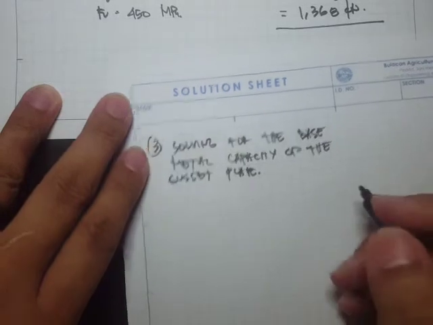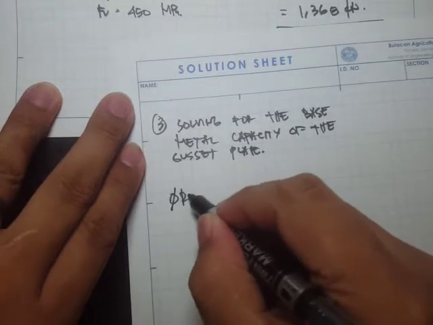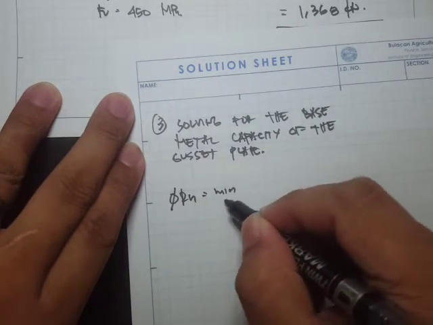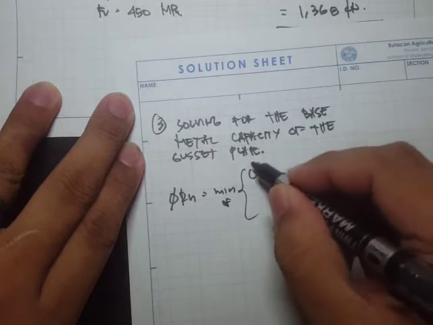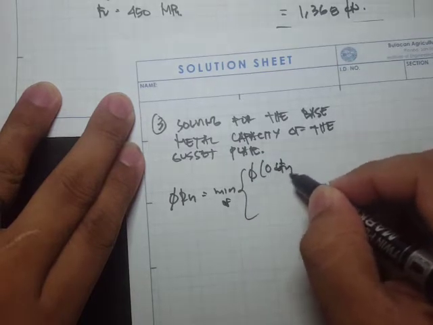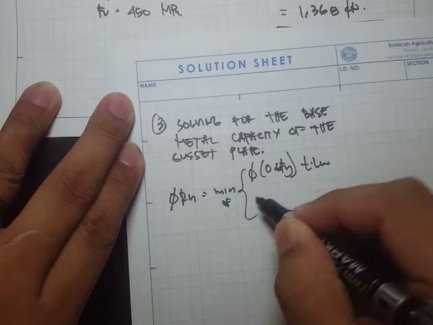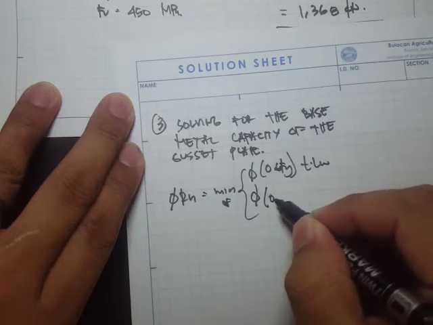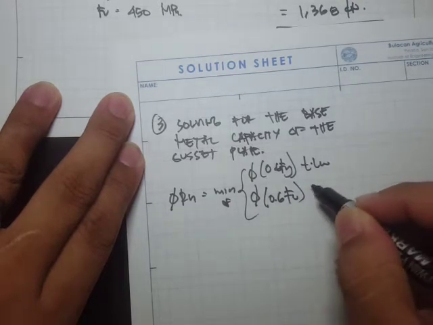Again, just apply the equation. That's the minimum of this, 0.6 Fy times the thickness, and this one is the same, 0.6 Fu times the thickness.